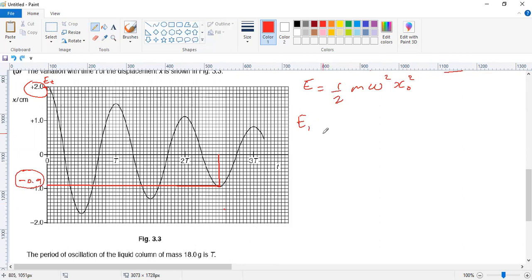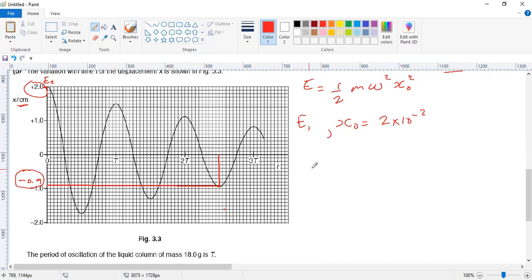For E1, what do we have? x naught is equal to 2. Look, we are using centimeters. We have to convert this to meters, so we divide by 100 or multiply by 10 to the minus 2. Okay? Since the period is the same, the frequency is the same.